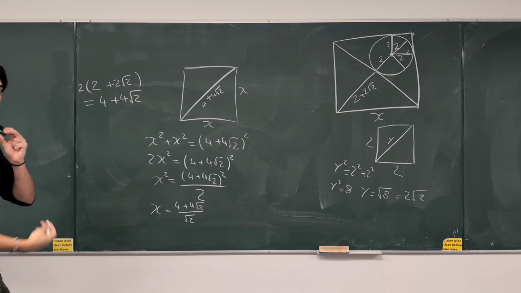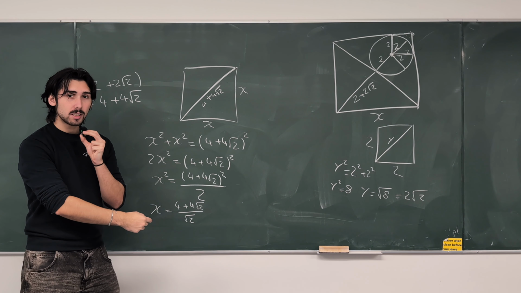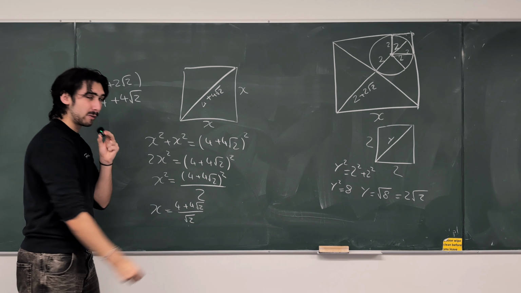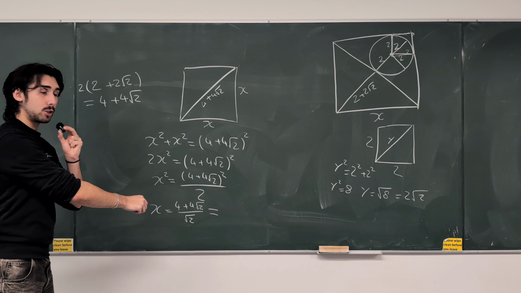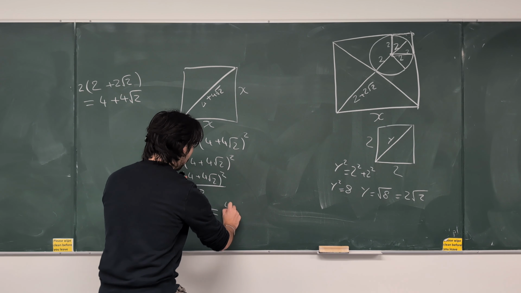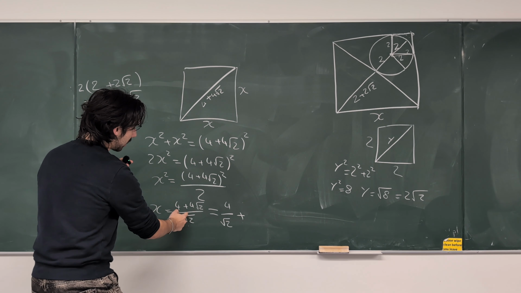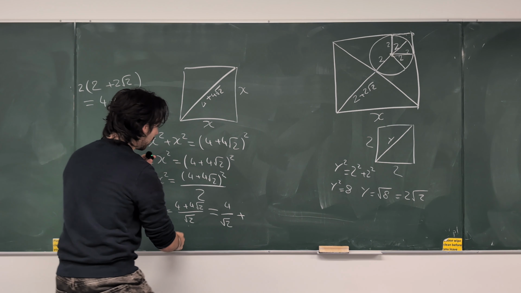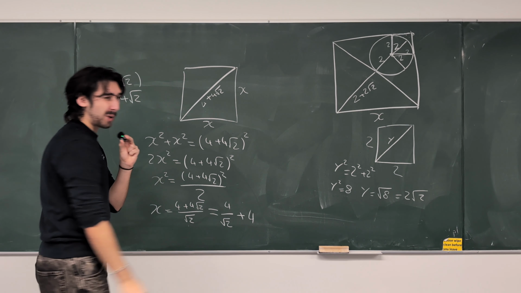If you want, you can leave your answer just like that. That's kind of fine. But if you want to rationalize the denominator, if you don't want a square root of 2 on the bottom, we can fix that. The way we can do that is split this into 2 fractions. So we've got 4 over the square root of 2 plus 4 root 2 over the square root of 2, so just plus 4. And we want to fix 4 over the square root of 2.